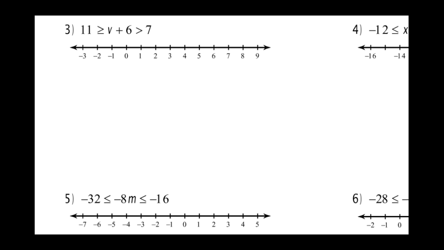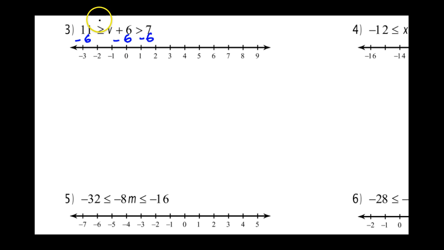Alright, so here, let's go down to 3. Here is where you'll see it changing a little bit. Now we have a left, a middle, and a right. So start wherever the variable is. So that has not changed. The variable is b plus 6. So we have a plus 6. What's the opposite of plus 6? Subtract 6. And then we do it from the middle, the left, and the right.